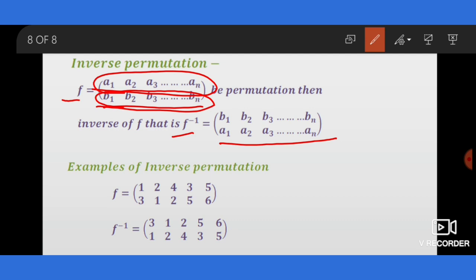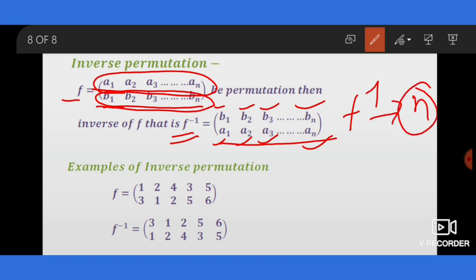We found f inverse equal to v1, v2, v3, and so on to vn in the first row, and the second row a1, a2, a3, and so on to an. Permutation f has degree n and f inverse is also a permutation of degree n.